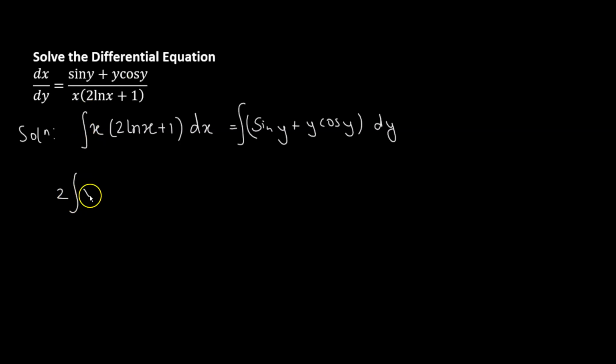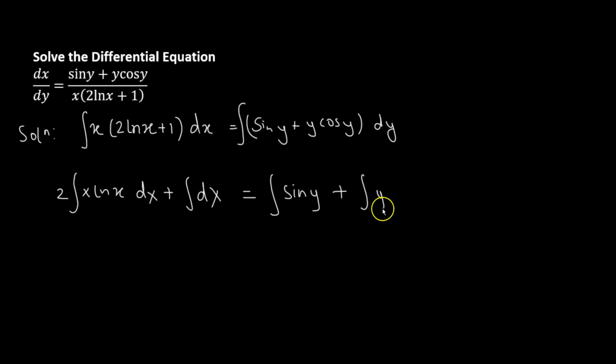So we have the integration of 2 times x natural log of x dx plus the integration of dx, which equals the integration of sine y plus the integration of y times cosine y dy. Now this particular integral we have already performed in the previous problem, except for the fact that x was replaced with y.